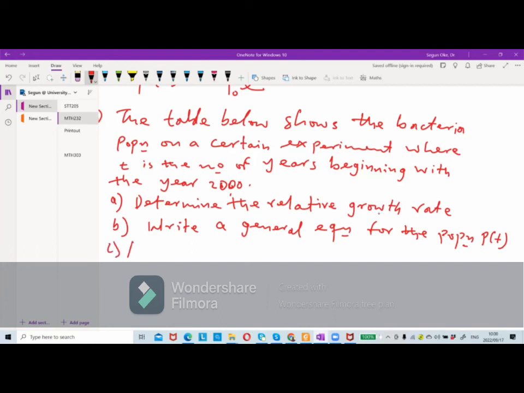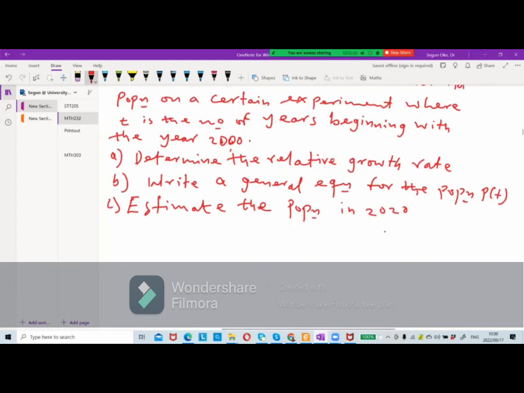C, estimate. You can also estimate the population in 2020.